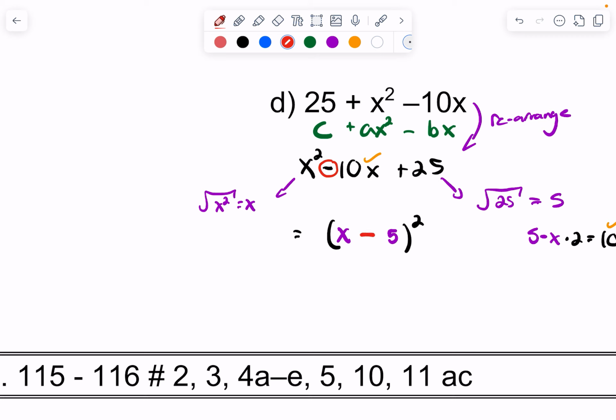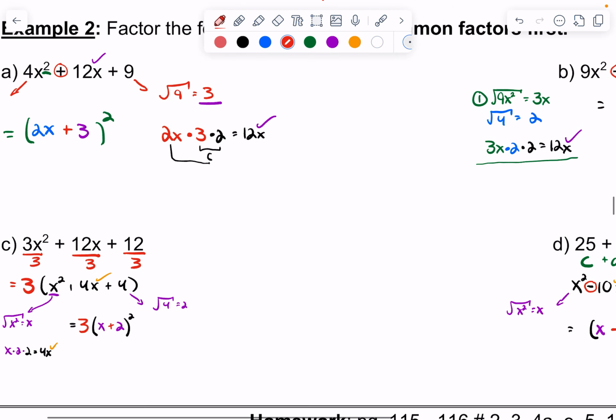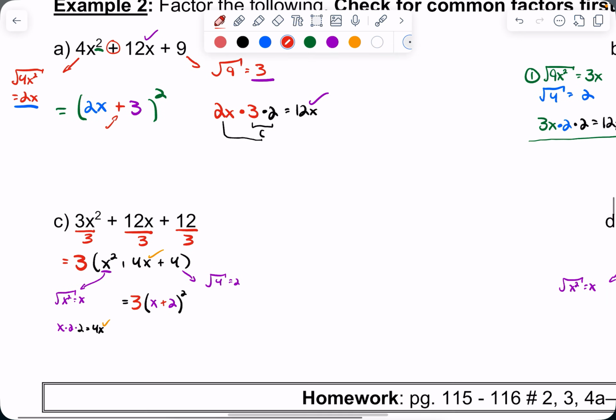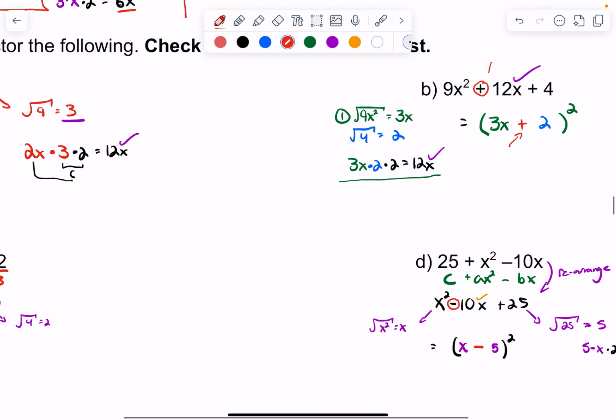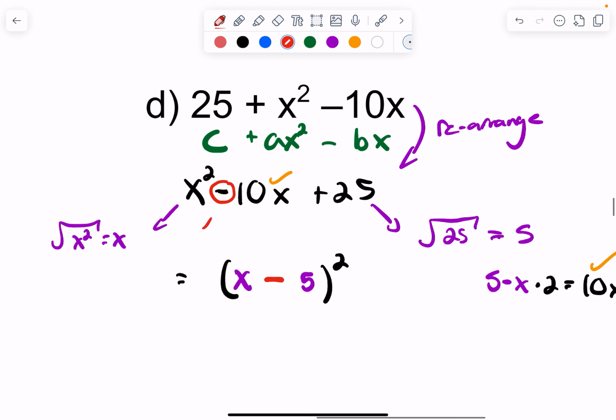So in this case, as opposed to all the other ones, where they were all positives, that's because this was positive, positive, and positive. Well, in this case, this 10 here is a negative, and that's why we put a negative there.